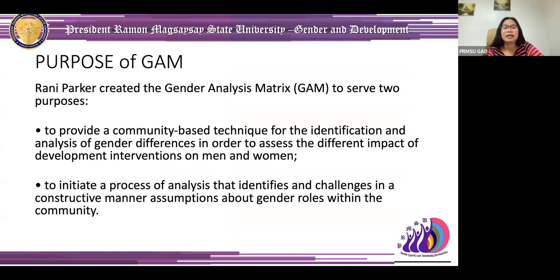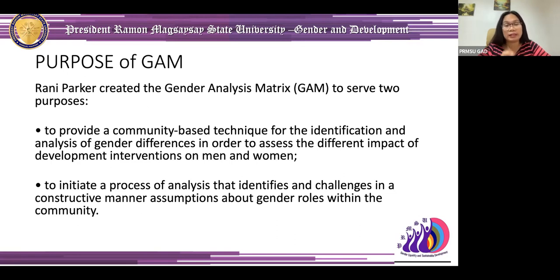So Ronnie Parker created gender analysis matrix to serve two purposes. Number one, to provide a community-based technique for the identification and analysis of gender differences in order to assess the different impacts of development interventions on men and women. So take note, when we are doing a gender-responsive extension program, kailangan tingnan natin yung differences ng output depending on how the men and women are affected.